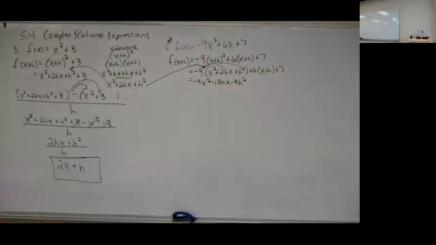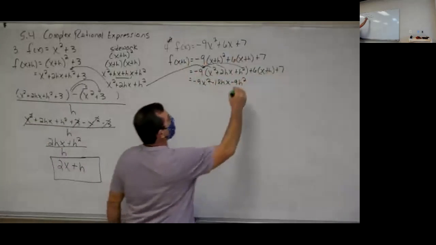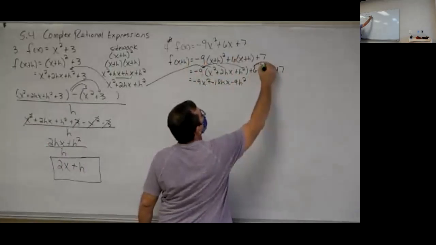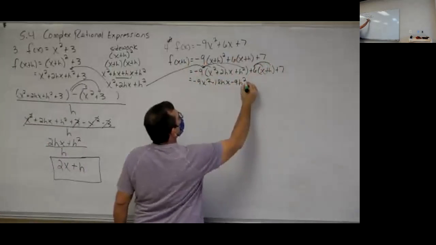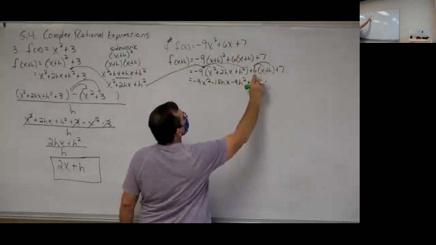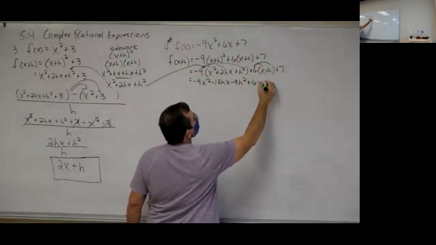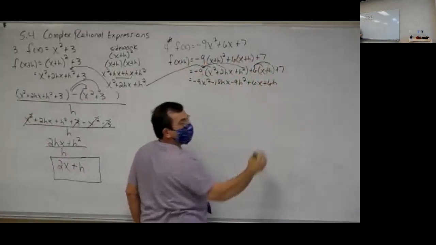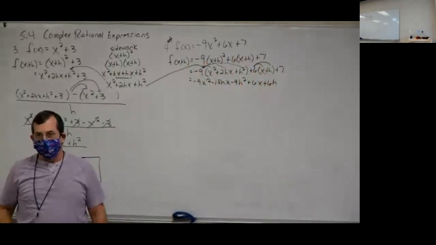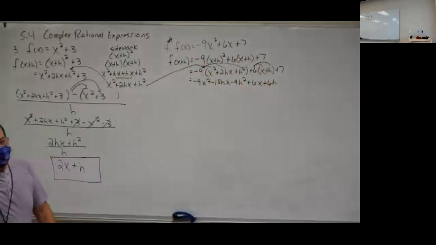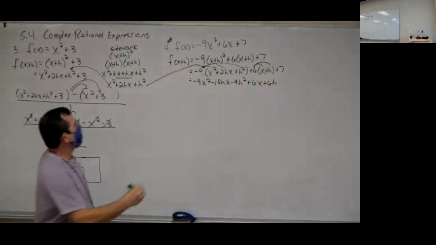So I just distributed my negative 9 through there. Now we're going to distribute the 6. So 6 times x is a 6x. 6 times h is a 6h. And then at the very end, I'm going to bring down my plus 7. There you go.